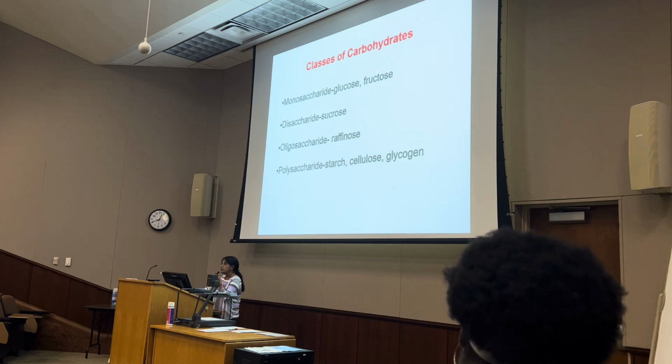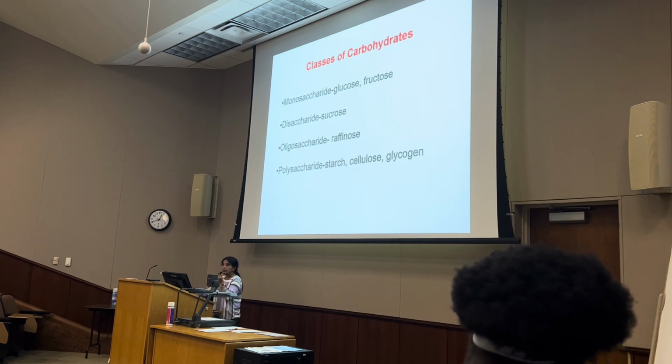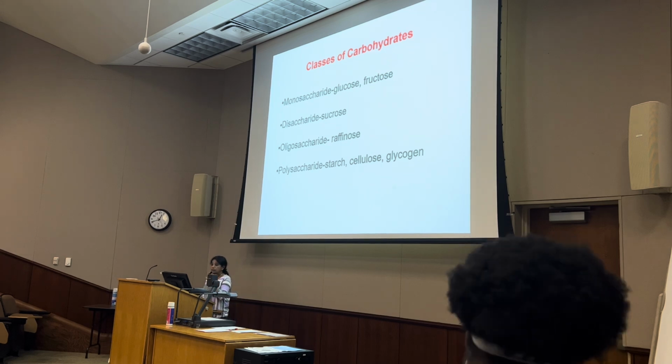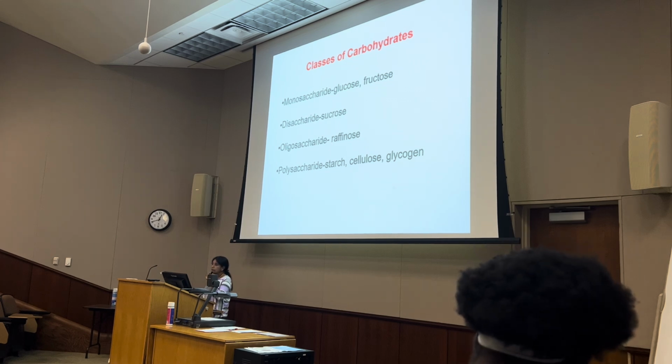An example would be sucrose. Oligosaccharides, we're not going to talk about oligosaccharides, which are at least 10 sugar groups linked together. So I've given you an example of those. And then we are going to talk about polysaccharides, examples being glycogen, starch, and cellulose.